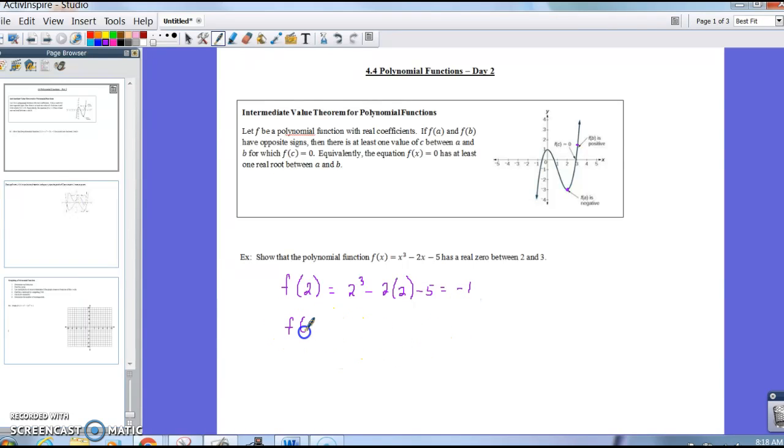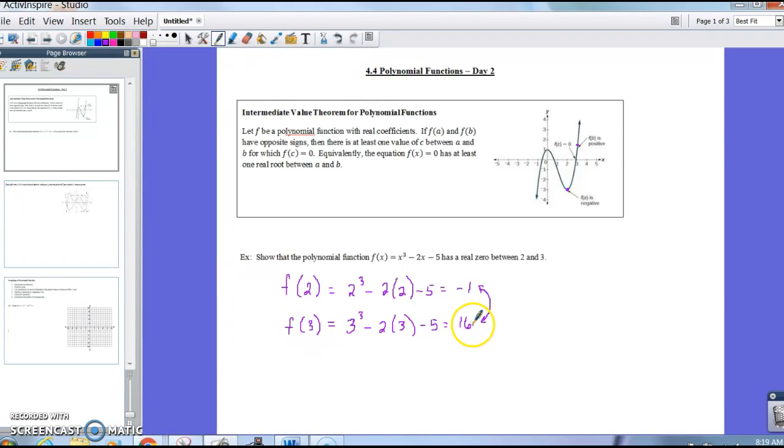And if I find f of 3, I end up with 3 cubed minus 2 times 3 minus 5. And that gives me 16. Because the sign changes, so the sign of f of 2 is negative, but the sign of f of 3 is positive, right?